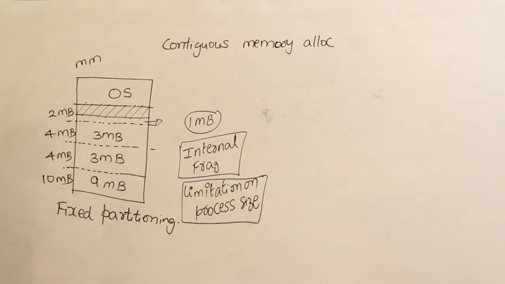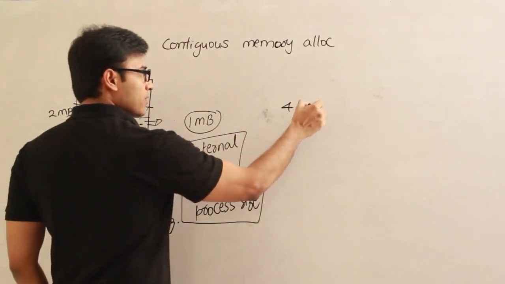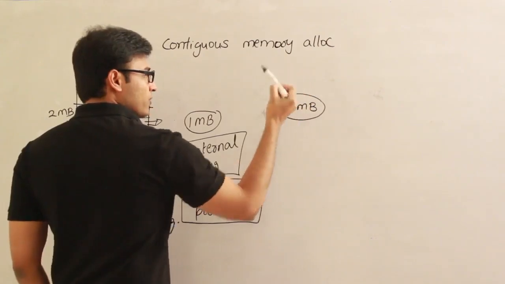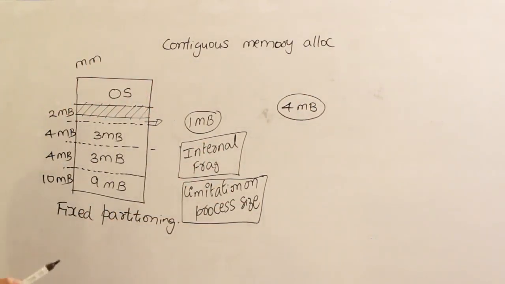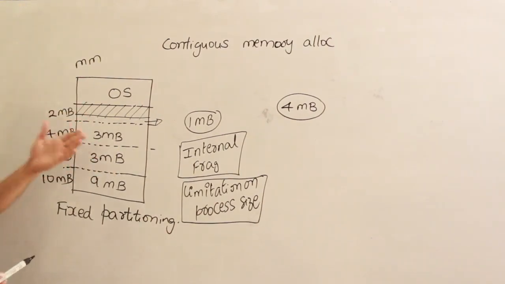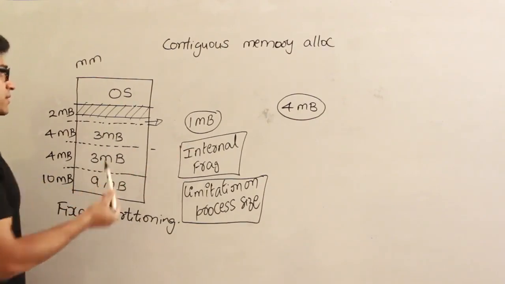All the free space put together gives a total free space of 4 MB, right? Now even if a new process comes and its requirement is 4 MB, even though we have 4 MB freely available, we will not be able to allocate it, isn't it?